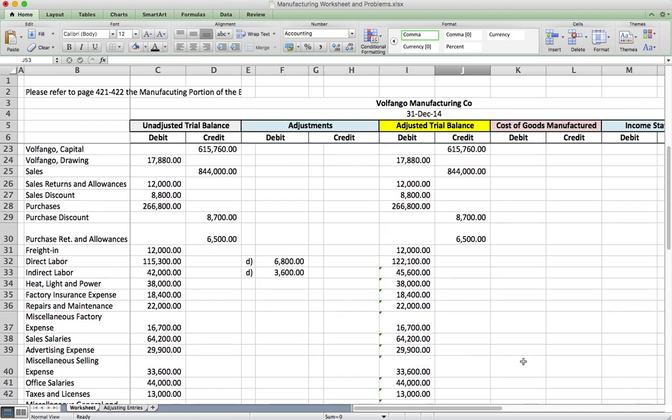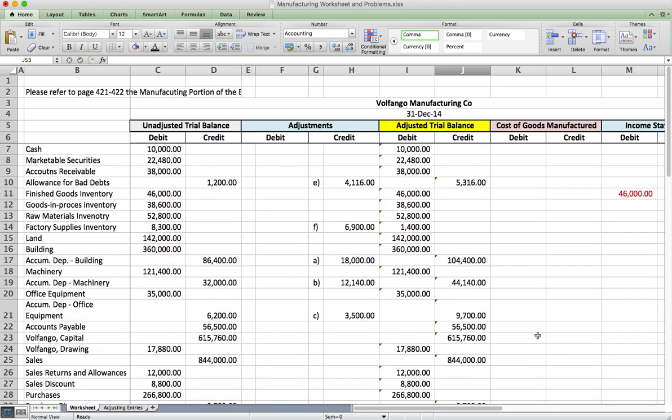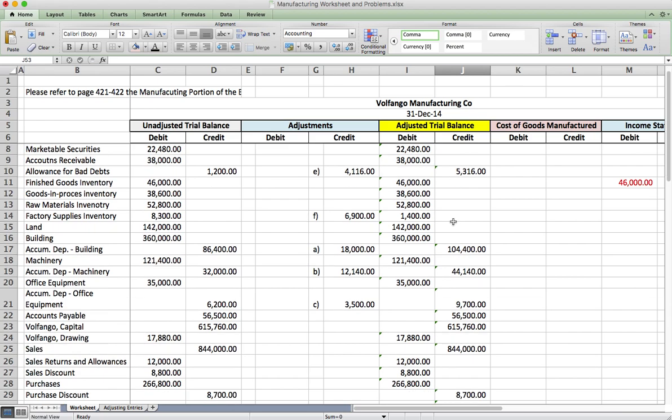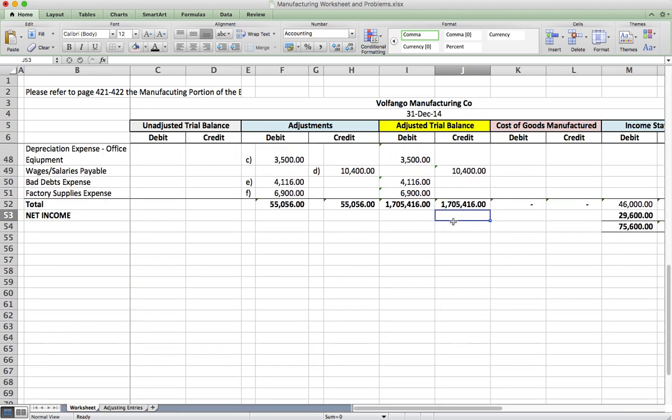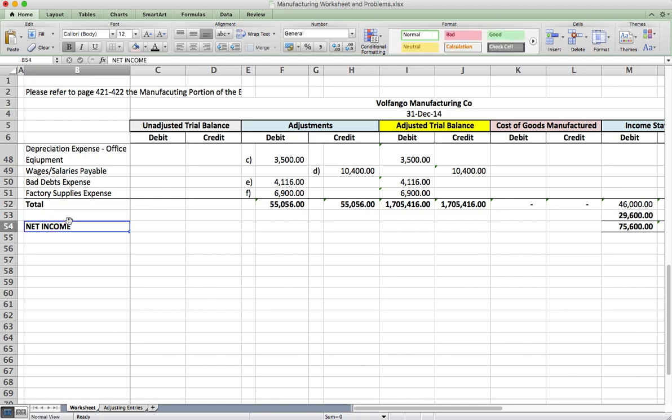And then, we have to effect now our cost of goods manufactured entry. To determine how much is our cost of goods manufactured. So, lagyan natin dito muna, tanggalin natin si net income. Lagyan natin cost of goods manufactured.